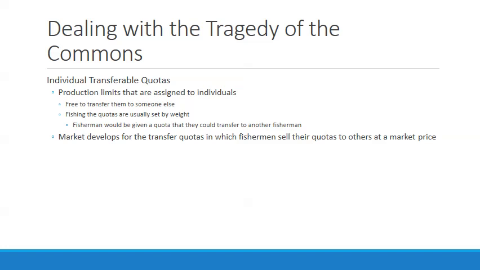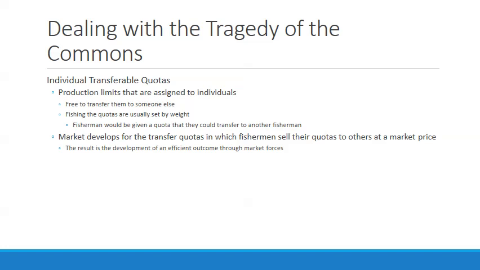Now this, of course, allows the government to create the quota, but also to make some revenue, because they can actually place a tax on the sale or the transfer of these quotas. So it gives the government a way to try to pay, in a sense, for some of what's taking place. So the result is the development of an efficient outcome through market forces, because now there's a supply and demand, not for the resource itself, but rather a demand for the quotas or the permits to catch X amount of fish per month.